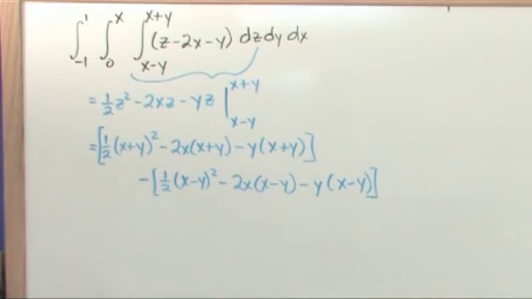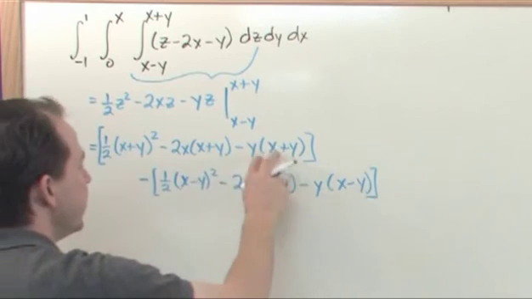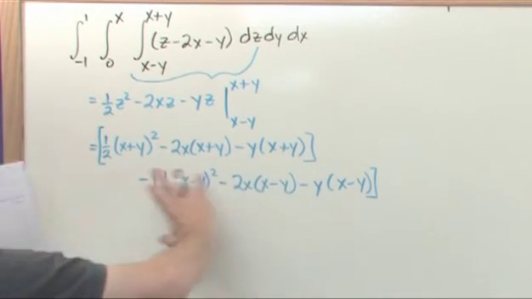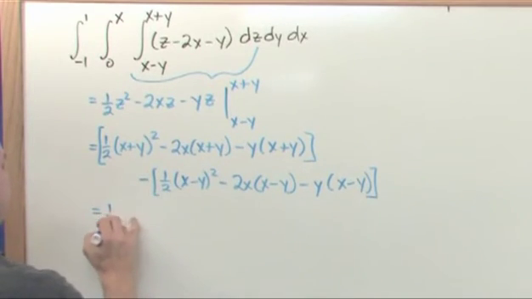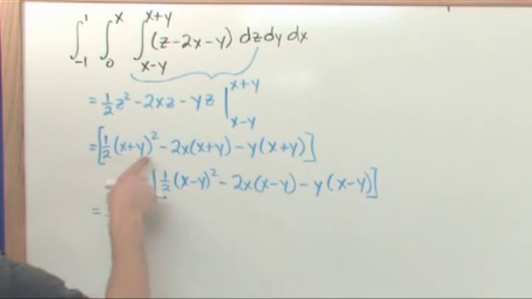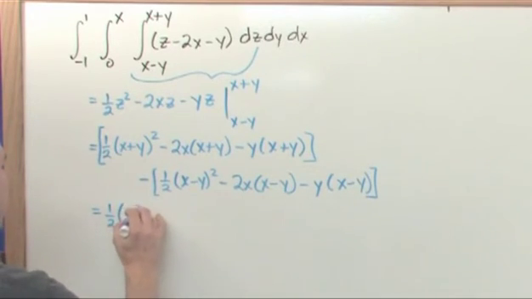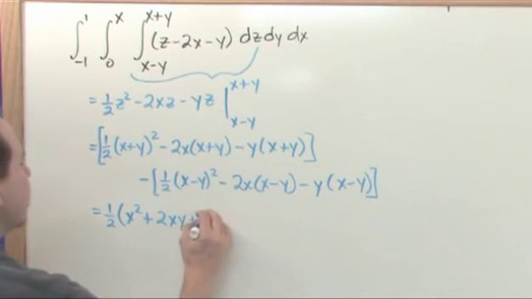Okay, so you can see we have a little bit of algebra to deal with. We've got a bunch of junk squared, and then we've got some more stuff here, and all we really need to do is totally expand it out, collect terms, and hopefully we get something simple, and you'll see that we will get something simpler. So let's work on this here. You have 1/2. Now you guys should know by now, doing algebra long enough, how to expand this. Really all you have to do is x squared plus 2xy plus y squared.